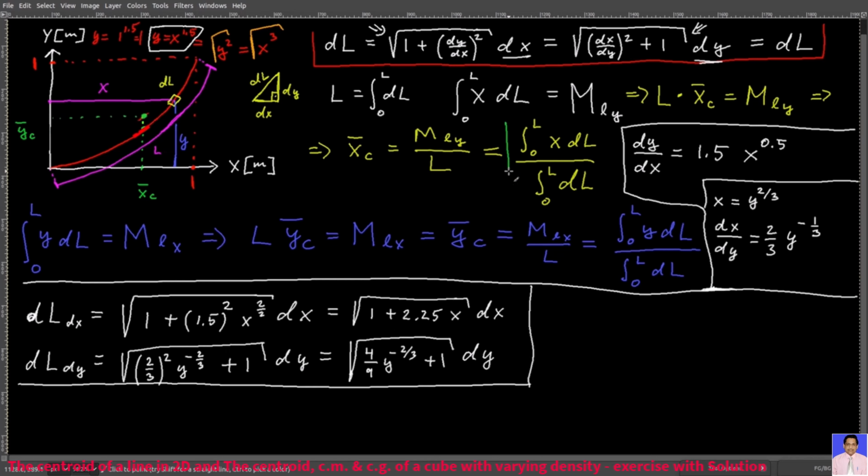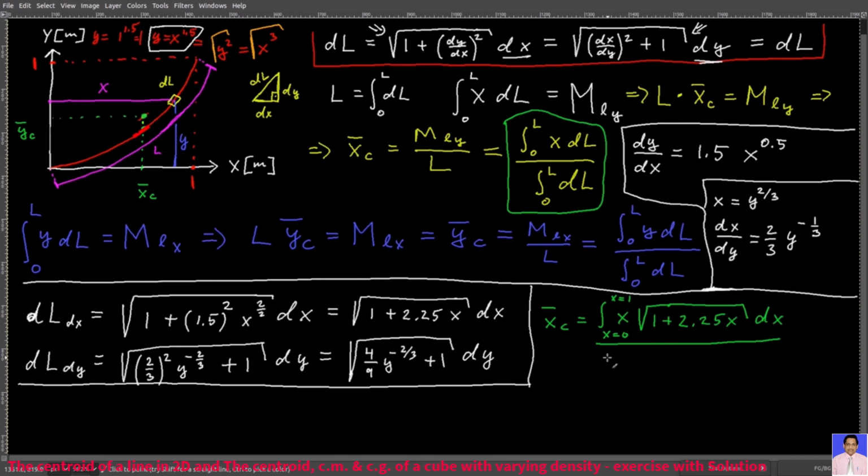And now, this here, it's my x bar c, so I will have an integral from x equals 0 till x equals 1, and then x times, and then all this divided by the integral, and then you have this. And notice that now, instead of L, we have x's here, because instead of dL, we have dx.